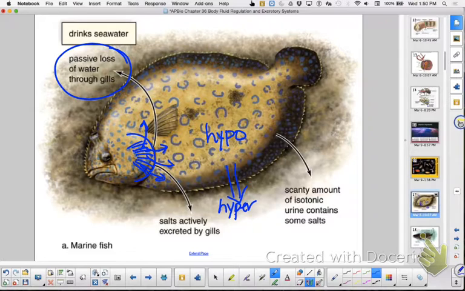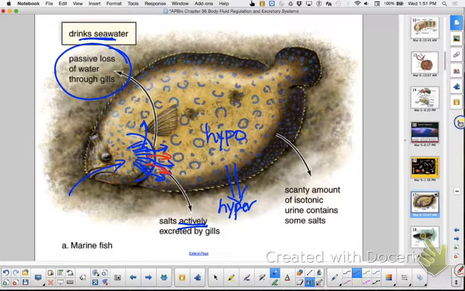Now, they're going to drink seawater to recover some of that water, so they bring it in through their mouth, and with that seawater comes the salt that is in their environment. So they have to actively transport salt out at their gills.